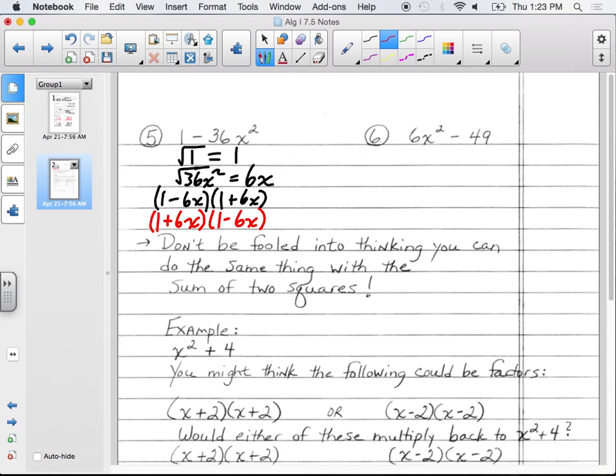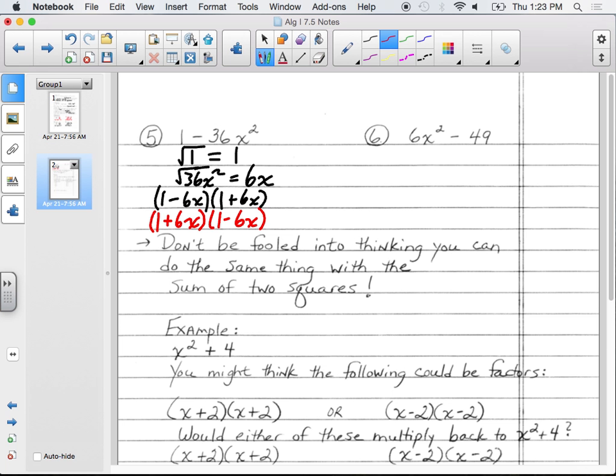Would that multiply back to 1 minus 36x squared? What do you think? No, it would not. That would be negative 1 plus 36x squared. So we cannot turn them around that way. So that's why we have to be careful when we say, does order matter? Yes, the order matters for the terms.